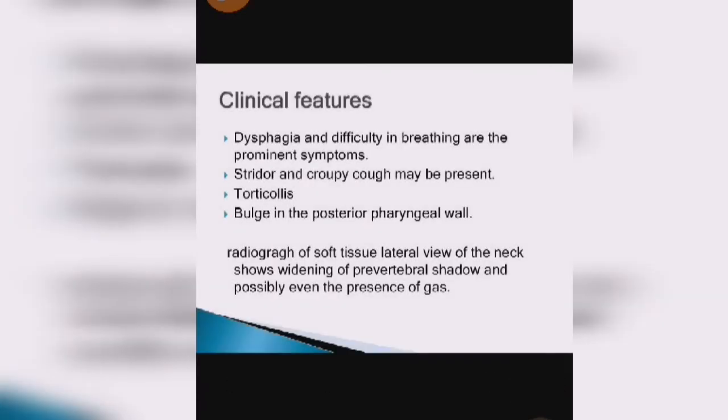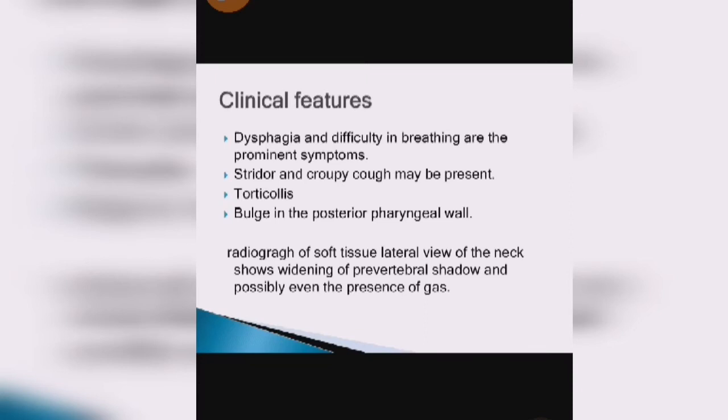Now, what are the clinical features of the acute retropharyngeal abscess? There may be dysphagia and difficulty in breathing as the prominent symptoms, as the abscess obstructs the air and food passages. Stridor and croupy cough may be present. Stridor means obstruction of the respiratory tract.